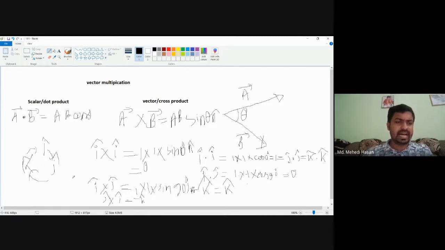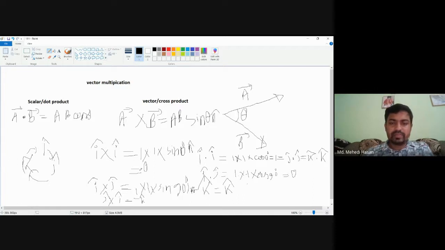That means i cross j equals k, j cross k equals i, k cross i equals j. But if you go the reverse way, i cross k equals minus j, k cross j equals minus i, and j cross i equals minus k.